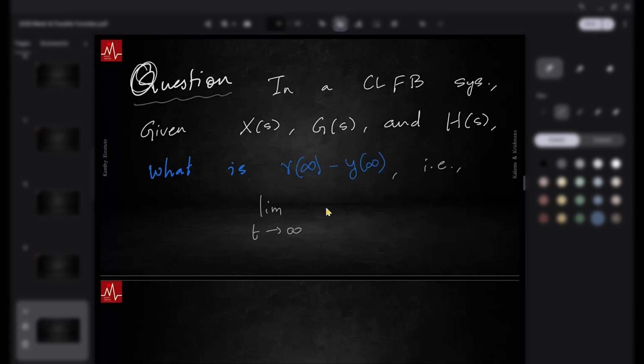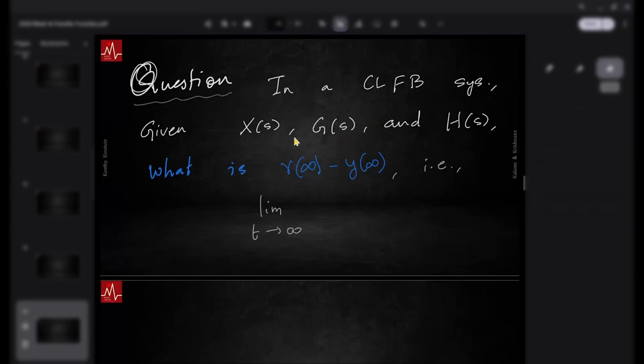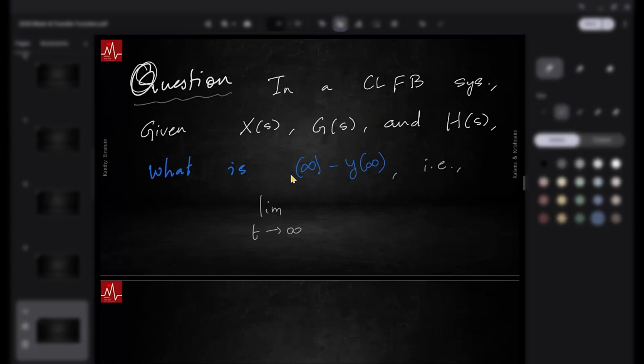Okay, that is limit t tending to infinity, what is r of t minus y of t? Or using our notation, you can call this x of infinity minus y of infinity. That is, what is this difference? What is the difference between input and output after a long time?